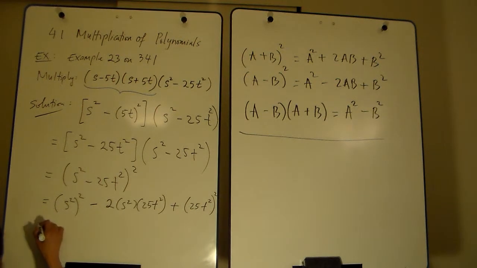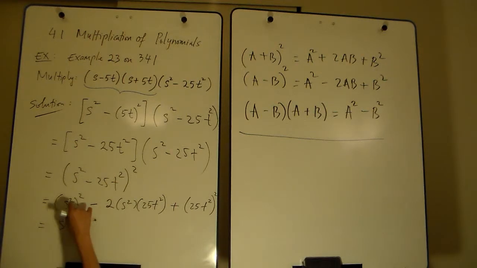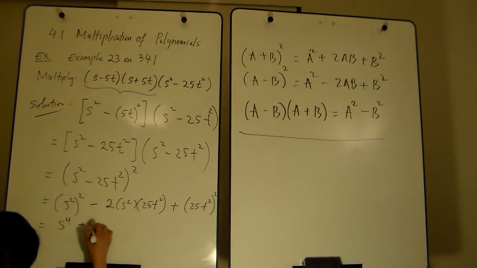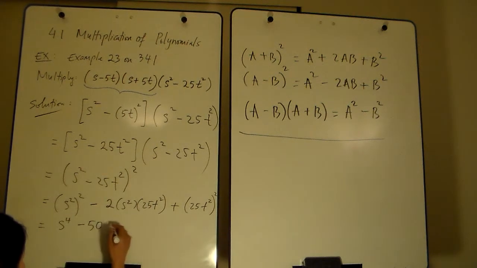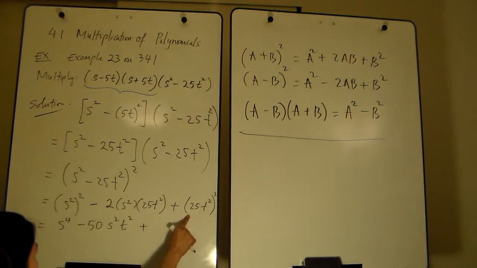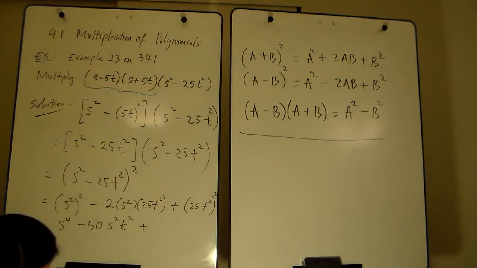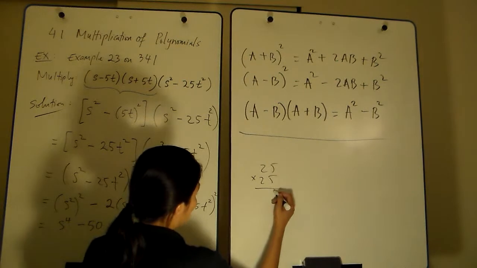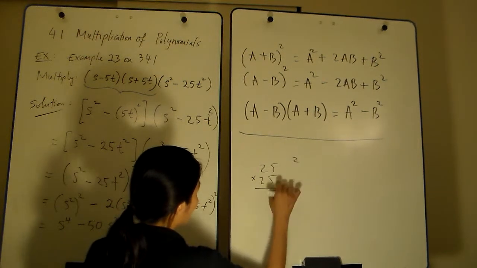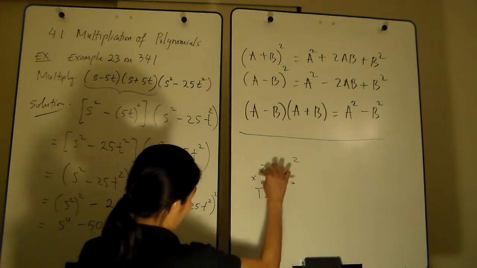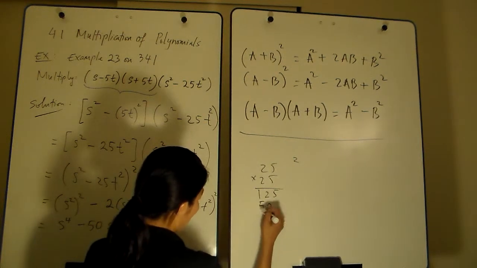Simplify further, we have s to the 4th, since 2 times 2 is 4. 2 times 25 is 50, but don't forget to subtract. So minus 50 s squared t squared plus 25 squared. So you multiply that out, 25 times 25. 5 times 5 is 25, carry 2. 5 times 2 is 10, plus 2 is 12. 2 times 25 is 50.